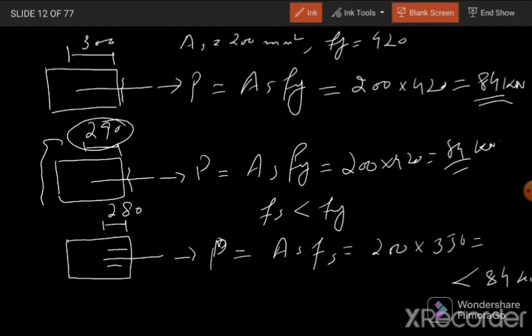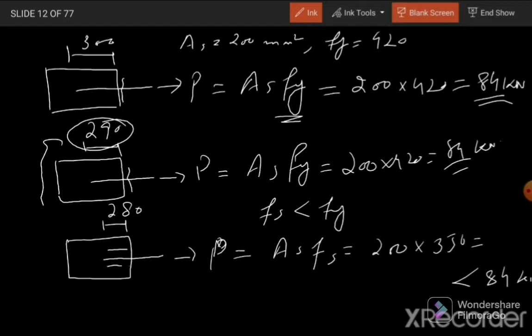When a pull out failure occurs, the full strength of the bar is not utilized, so we need to utilize the full strength of the bar. For an ideal design, at failure the stress in the bar should be equal to Fy, and we can achieve this at 290 mm.